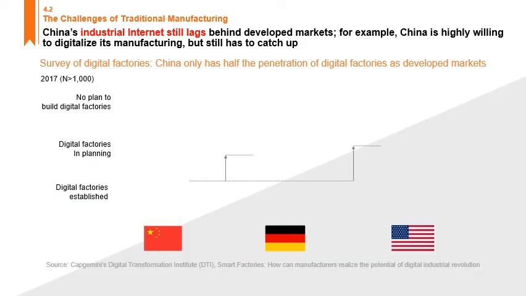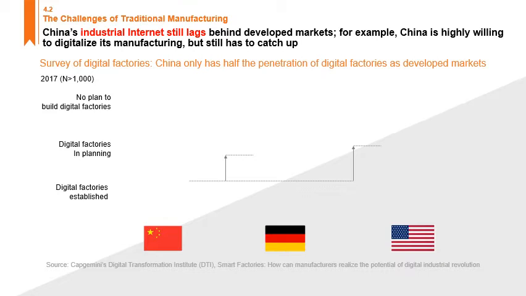Now, I would like to talk to you a little bit about China's industrial internet. Why it still lags behind developed markets. For example, China is highly willing to digitalize its manufacturing, but still has a lot to catch up. So just take a look at these three countries, China, Germany, and America.